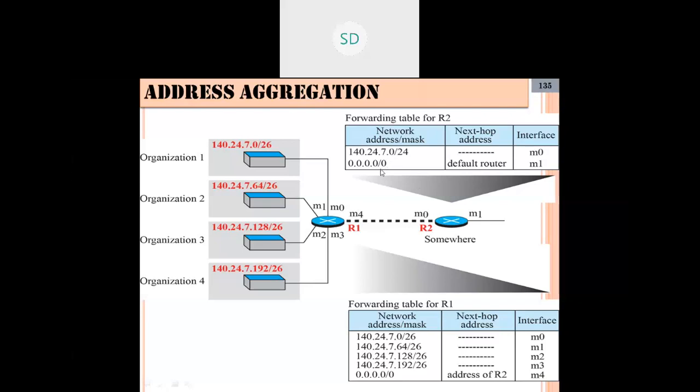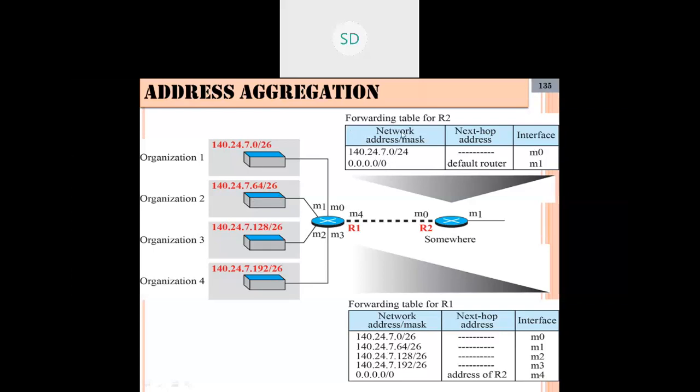This is called address aggregation, because the block of addresses for four organizations is aggregated into one larger block. Here, in this particular table, this is nothing but a block of addresses. Whatever four addresses were given to the organizations, they have been considered as a single block here. It has been aggregated into a single block.